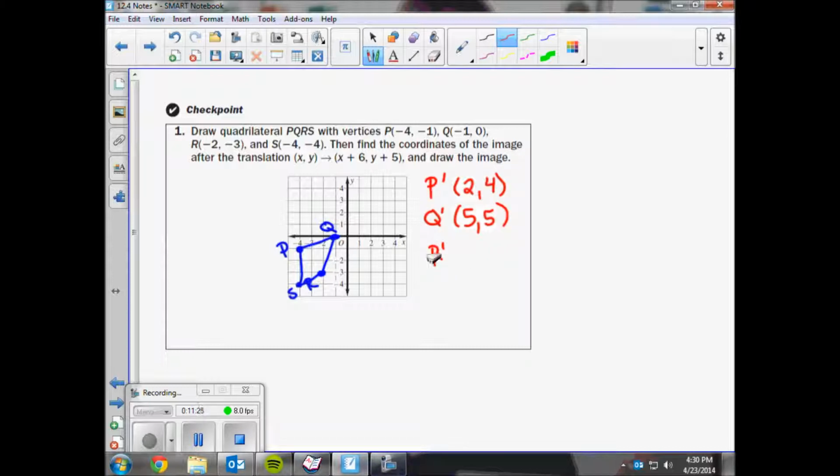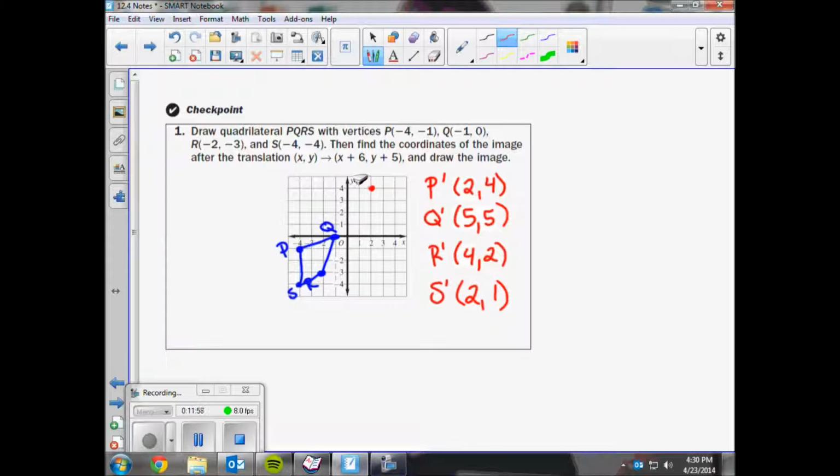R prime will be at negative 2 plus 6, which is 4, and negative 3 plus 5 is 2. And finally, S prime will be at negative 4 plus 6, which is 2, and negative 4 plus 5, which is 1. Plot these 4 points.